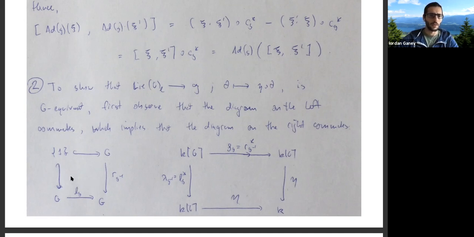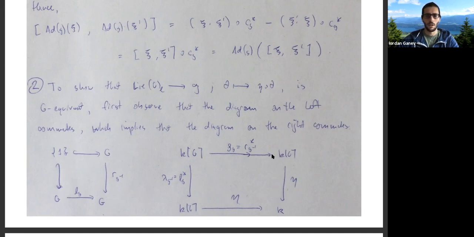First of all, this diagram commutes. If we start at the identity, we include in G and then apply the right multiplication action at g inverse, then we end up at g. Similarly, if we include the identity here and then apply the left translation action, we end up at g. So this commutes, and that's pretty much trivial. As a result, we have this commutative diagram.